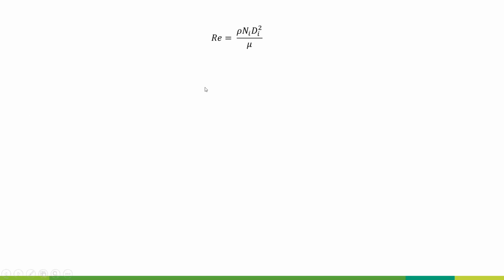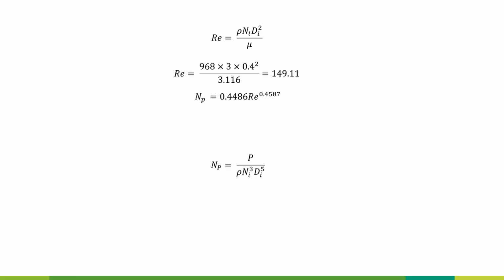The density is given as 968 kg per meter cube. Ni, the speed of the impeller in revolutions per second, is 3. Di, the diameter of the impeller, is 0.4 squared, and then mu, which we just calculated as 3.116 Pascal second. By substituting all these values, you get a Reynolds number of 149.11.